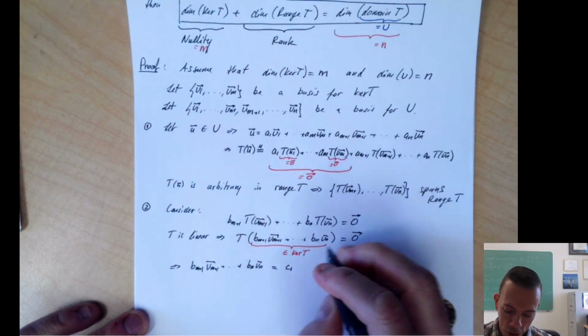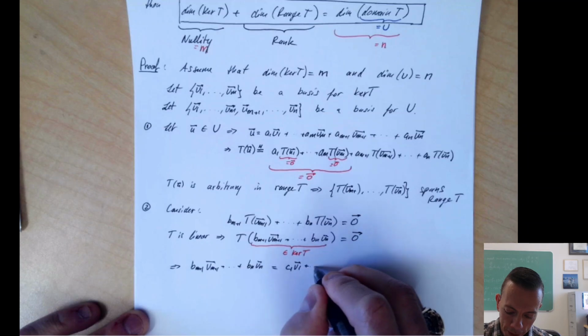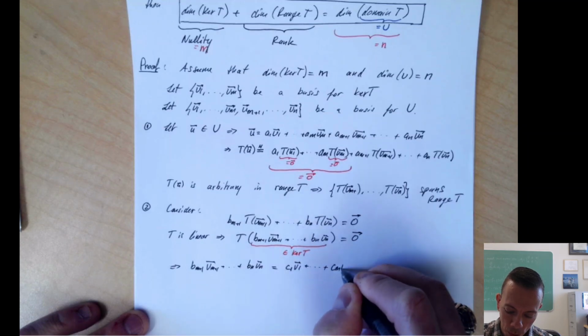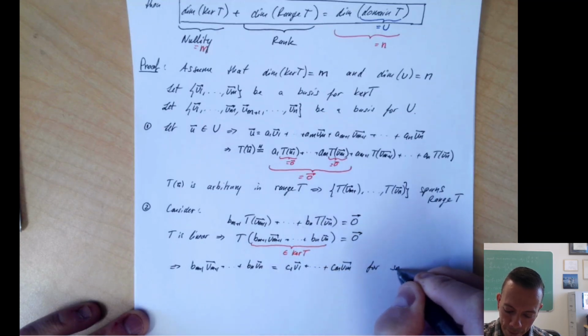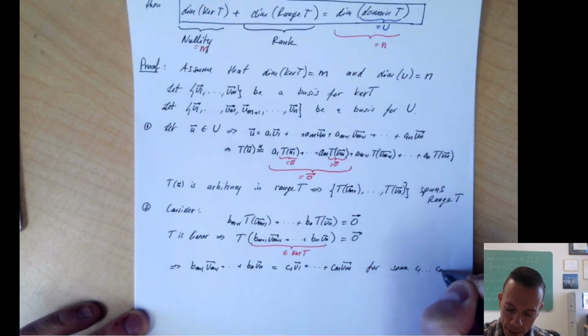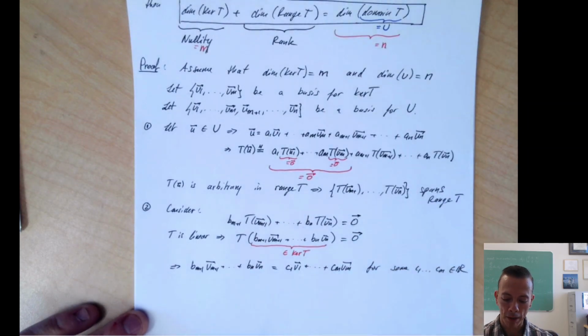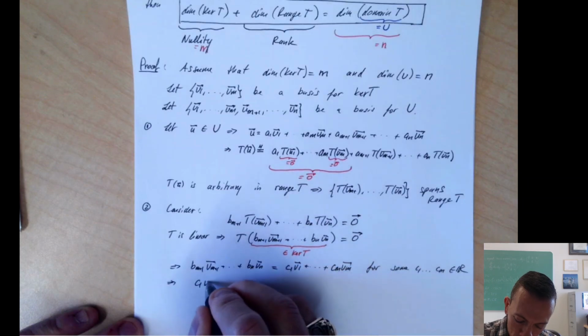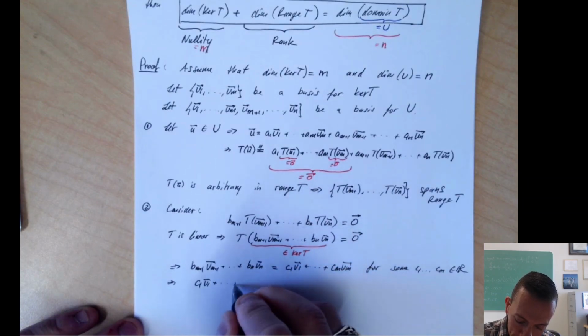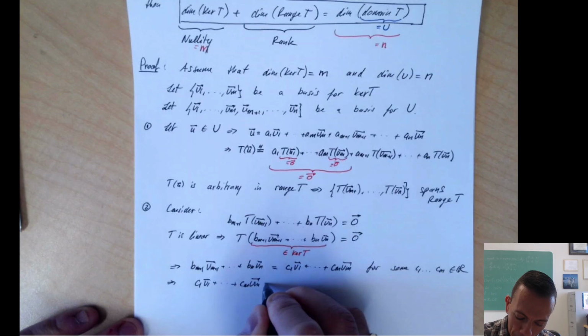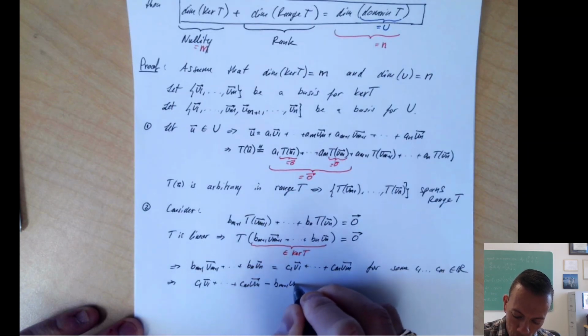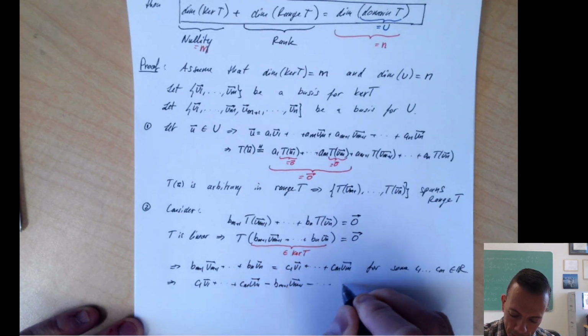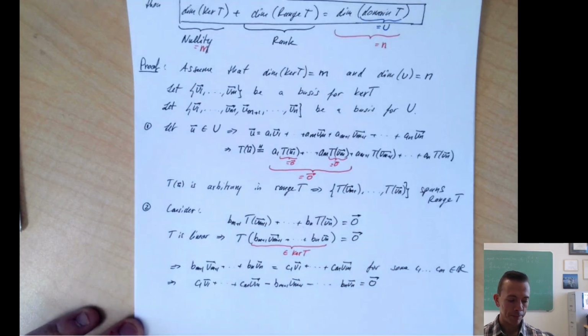So we can call this c1 u1 plus all the way to cm um, for some c1 to cm in R. Moving all these terms to the right, we obtain c1 u1 plus all the way to cm um minus b_{m+1} u_{m+1} minus all the way to b_n u_n equals the 0 vector.